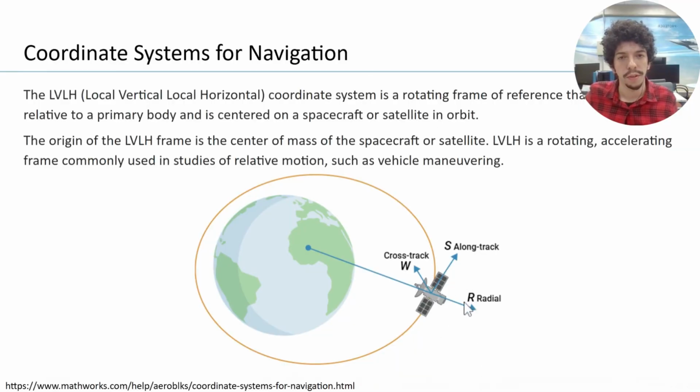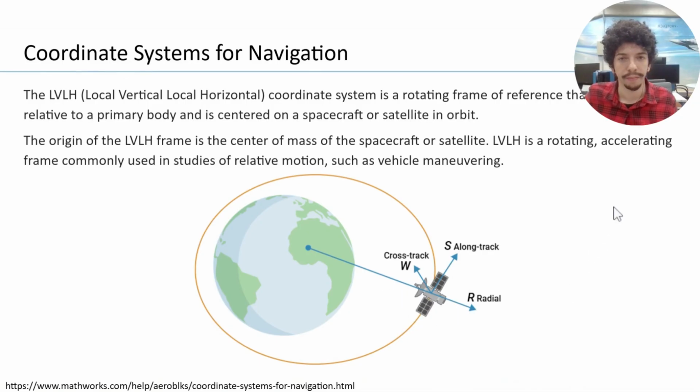The first axis is named S or along-track, W named cross-track, and R named radial.